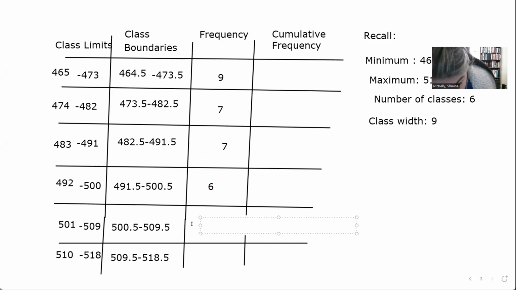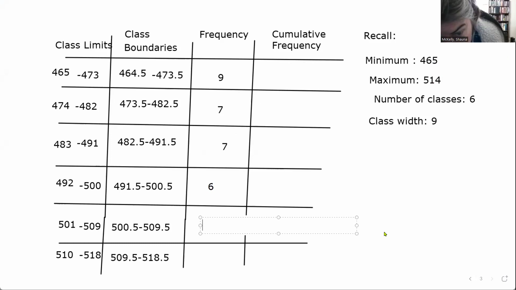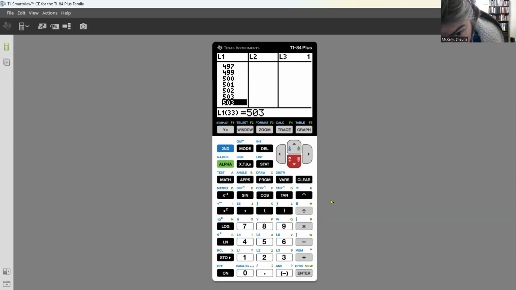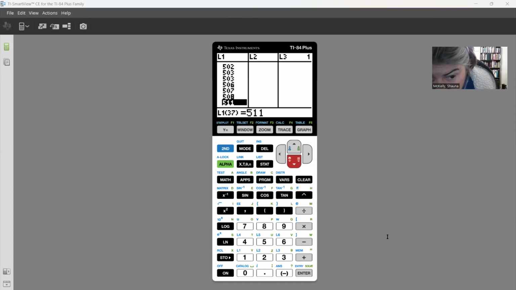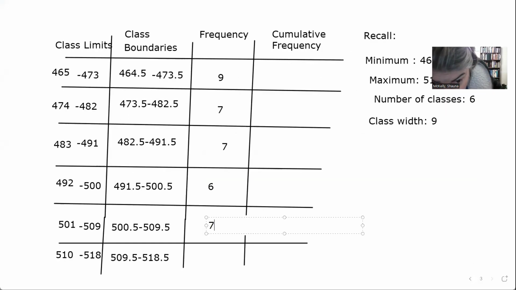Okay. Now we go from 501 to 509. 1, 2, 3, 4, 5, 6, 7. Stop there. We have 7 elements in this group.